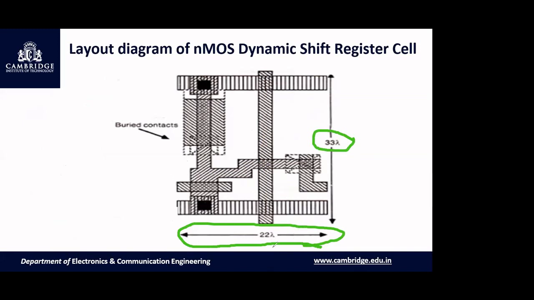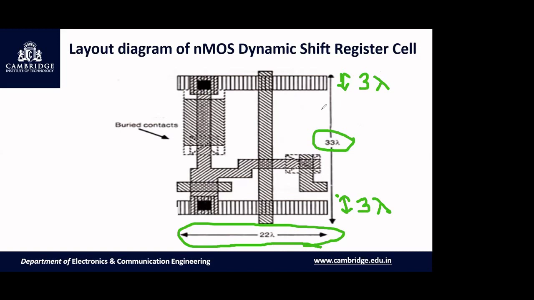Here in this shift register, your metal width is 3 lambda. This metal width is 3 lambda, which is common for n number of memory cells. We'll try to ignore this. Fine.